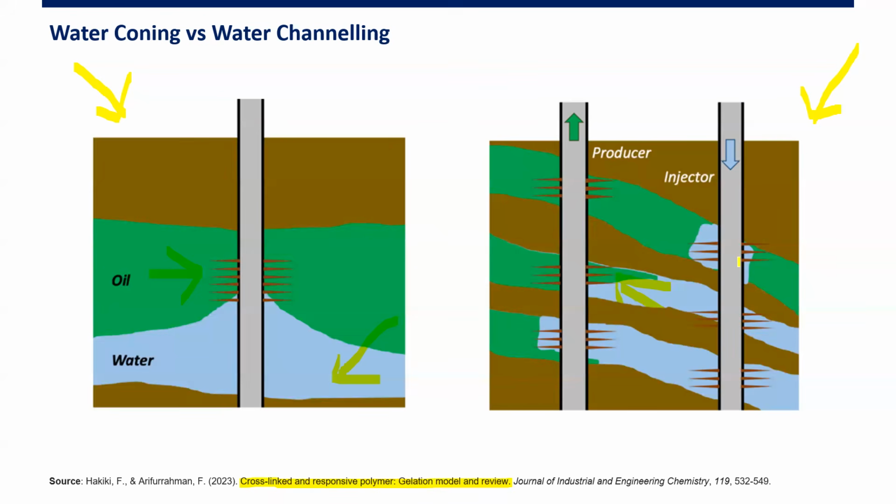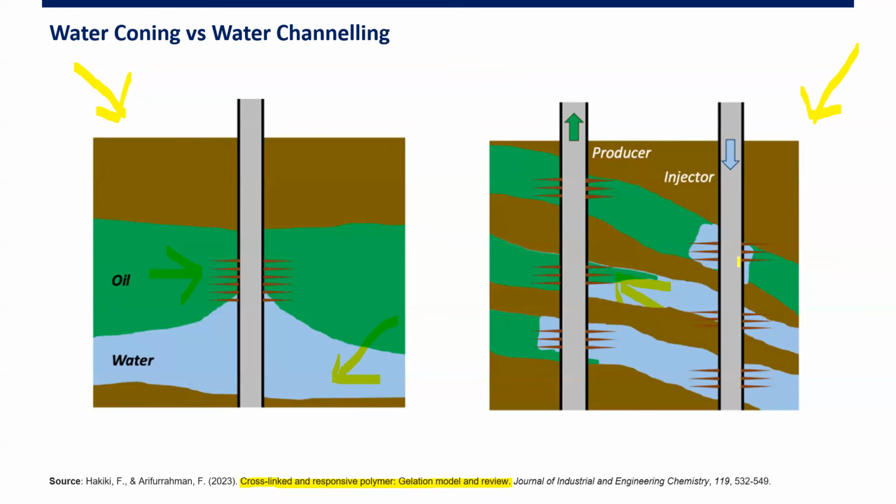It will make the water flow even easier. And it can be even worse if you have unfavorable displacement caused by a mobility ratio greater than 1, where your water is more mobile than your oil.